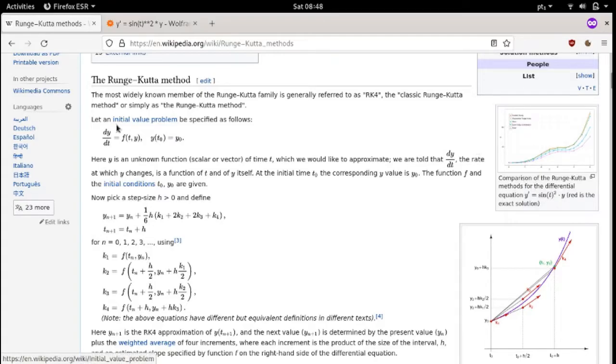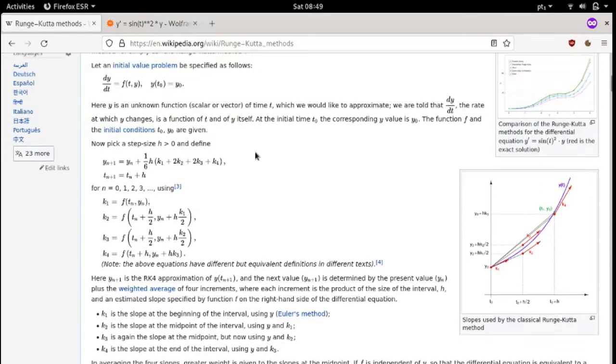So we know that the derivative of this equals this function, and we want to solve that to have an analytical expression of y as a function of t. You can solve that analytically, so you can get the analytical solution, but the purpose of this video is to solve this numerically using the Runge-Kutta method. So when you don't have an analytical solution, you can do a numerical solution approximating the solution.